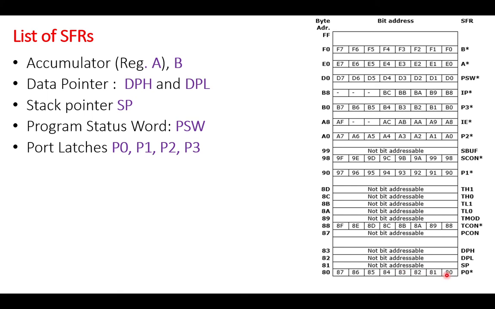So if you are using individual bits of that register, then use these addresses. If you are using all 8 bits at the same time, then use the address which is written on the extreme left side. So port 0 is there. You will find port 1 here having address 90H. Then port 2 has the address A0, port 3 has the address B0.